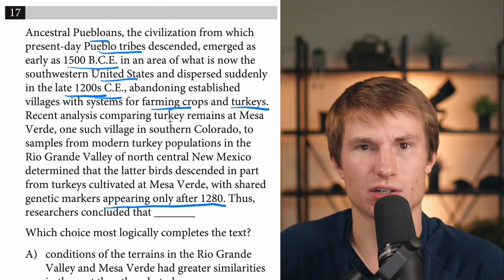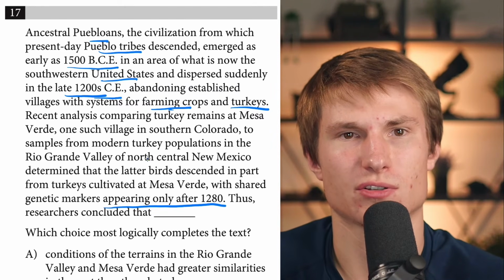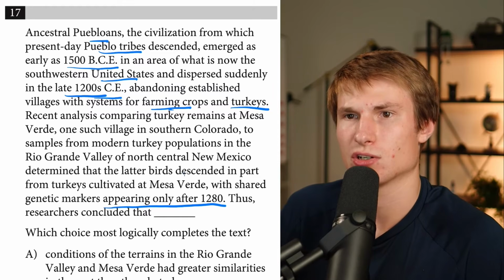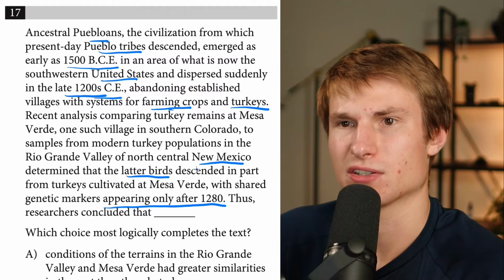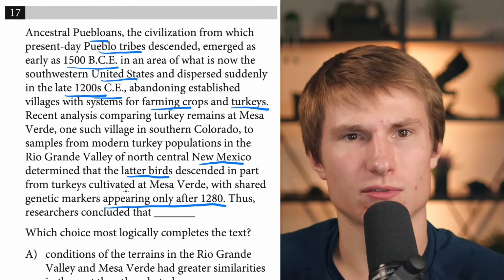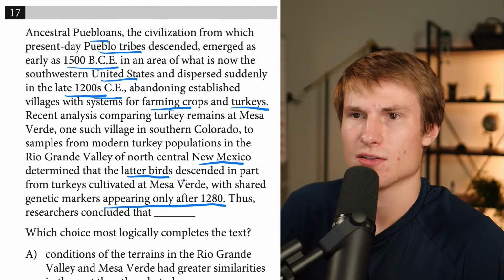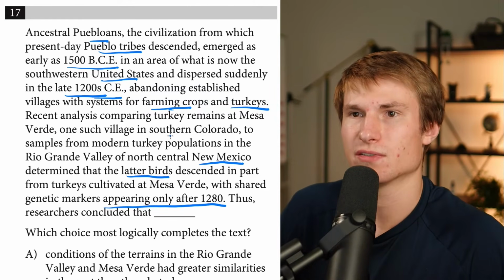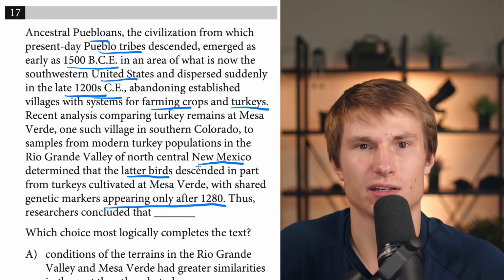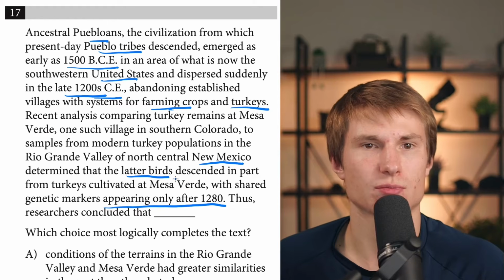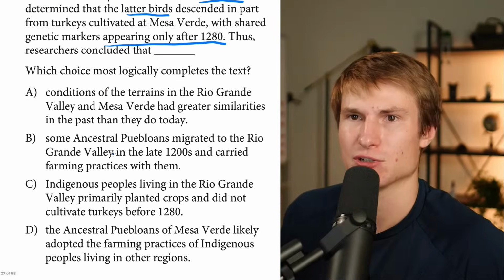Recent analysis comparing turkey remains at Mesa Verde, one such village in southern Colorado, to samples from modern turkey populations in the Rio Grande of north-central New Mexico determined that the latter birds, okay, keep in mind that the latter would be the ones in New Mexico, descended in part from turkeys cultivated at Mesa Verde. Okay, I would assume then that this would be indicative that those who left Mesa Verde and dispersed would have moved down into this Rio Grande Valley of central New Mexico. Okay, I would assume that is what we're looking at in terms of the conclusion that would be drawn there. Let's go and take a look at option A.